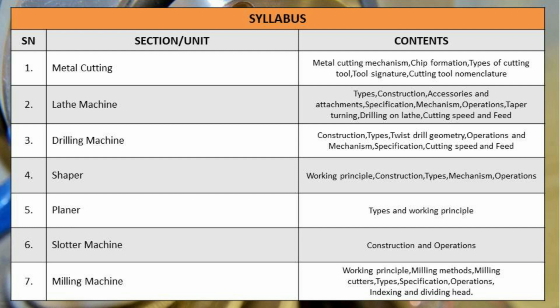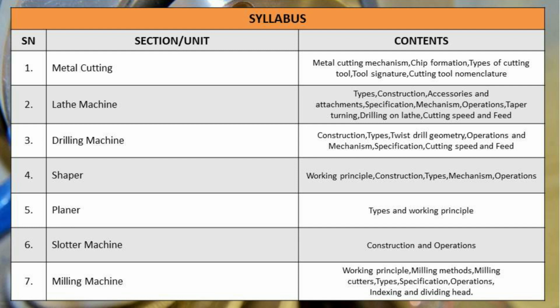Then we will proceed to drilling machine, in which again we will deal with the construction, its types, its operation and mechanism, its specification, cutting speed and feed, as well as the most integral part of drilling machine, the twist drill geometry.